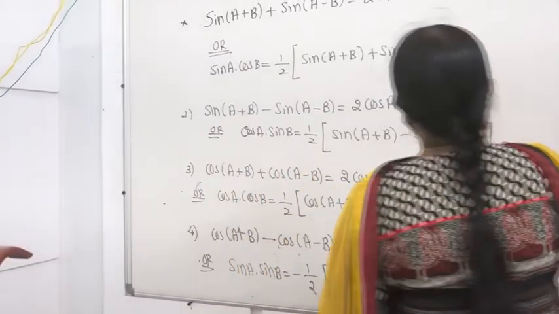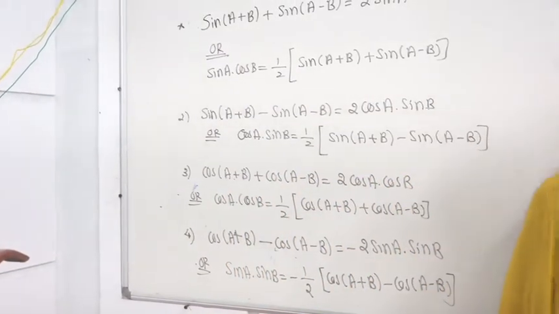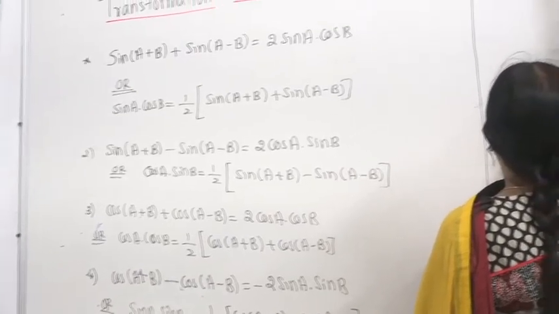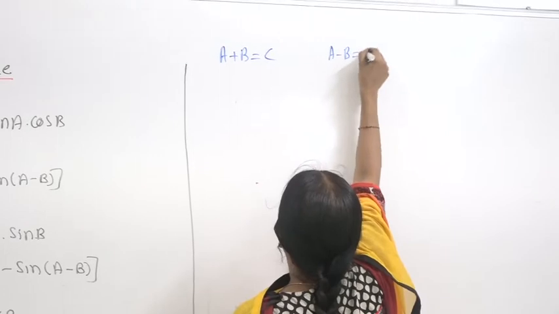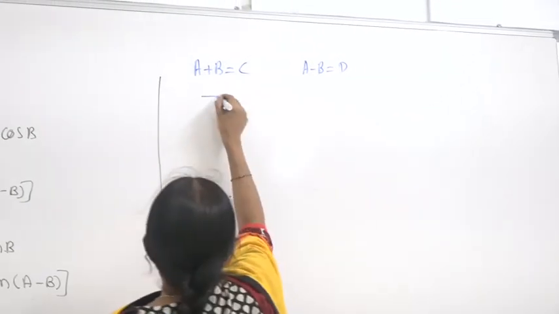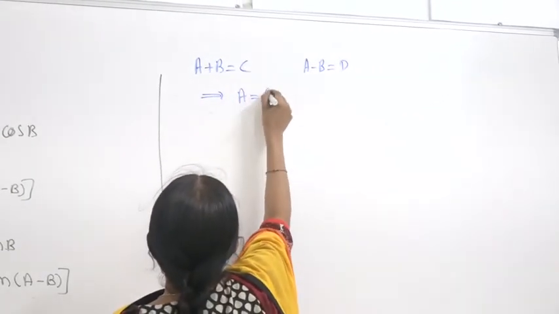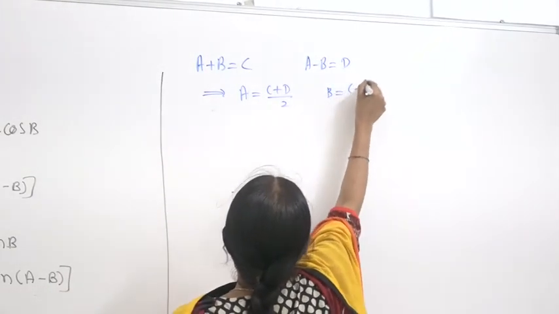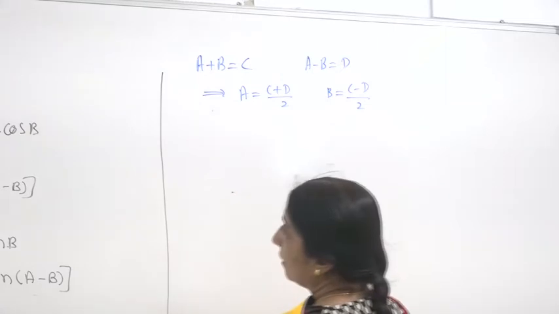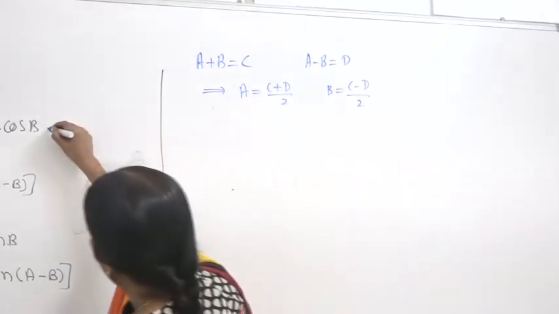See, in these four formulas, if you write c in place of a plus b, and in place of a minus b if you write d, by solving you get a is equal to c plus d by 2 and b is equal to c minus d by 2. Write down these values.